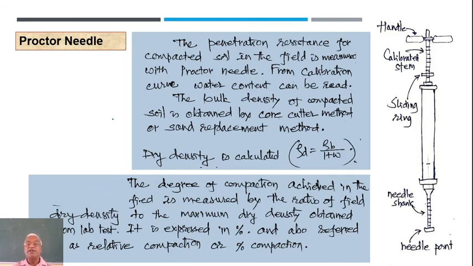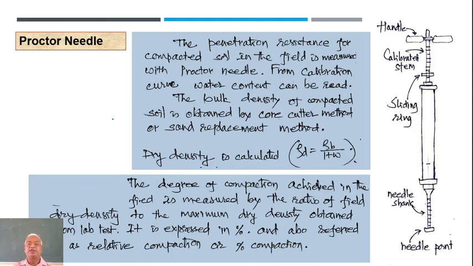So dry density is calculated as rho d equals rho b divided by 1 plus w. Rho is the density term, which you will get in kg per meter cube or grams per cc, whereas if you indicate it as gamma, it will be unit weight, in terms of kilonewton per meter cube or newton per meter cube.